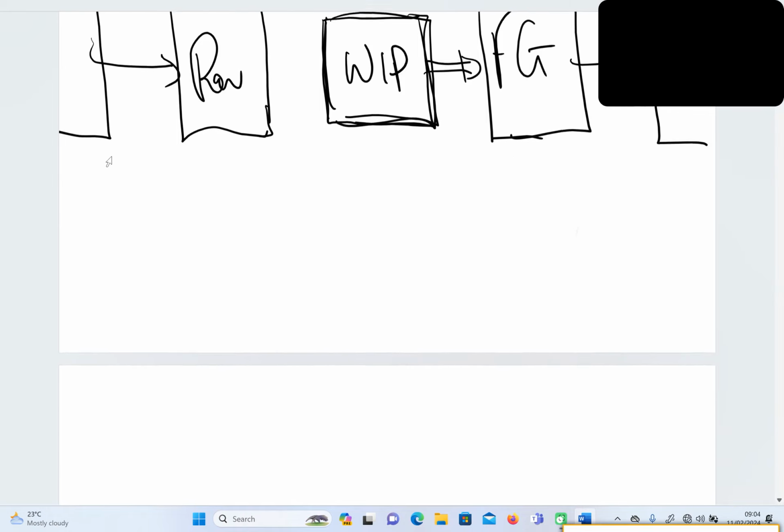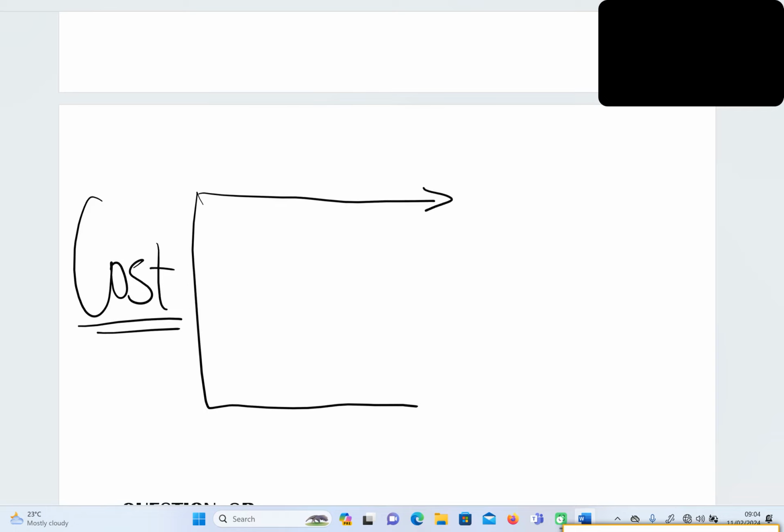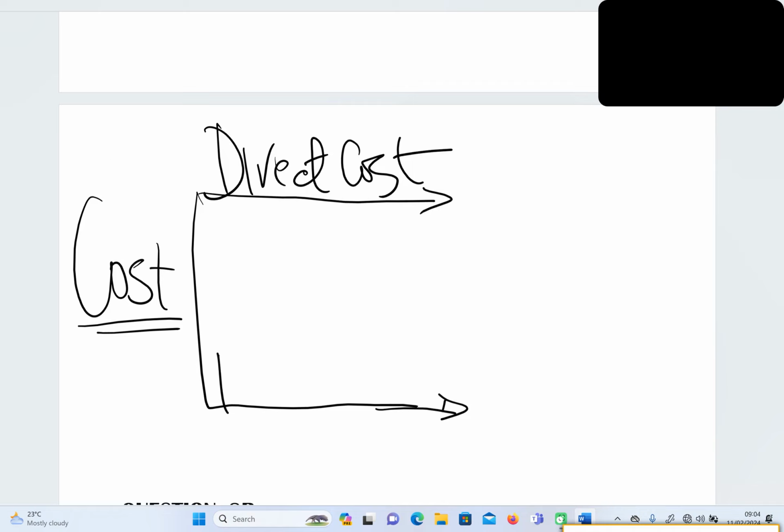So from cost itself, we have two types of cost. By then, we have direct cost and indirect cost. So when we talk about cost in anything, we have direct cost, and indirect cost.